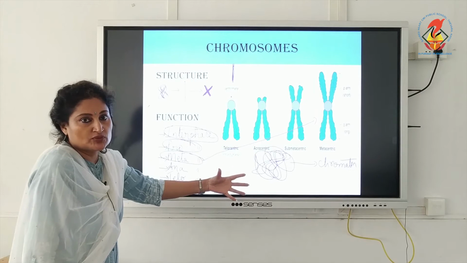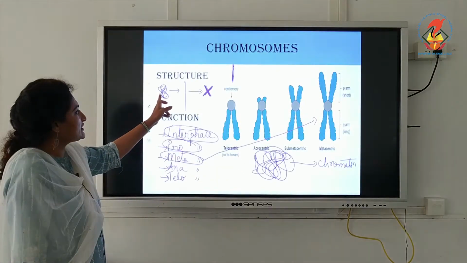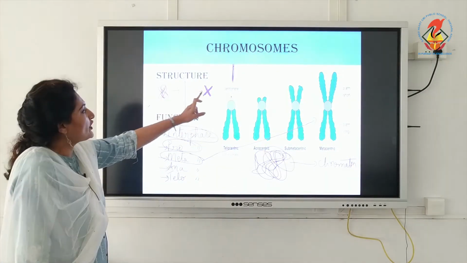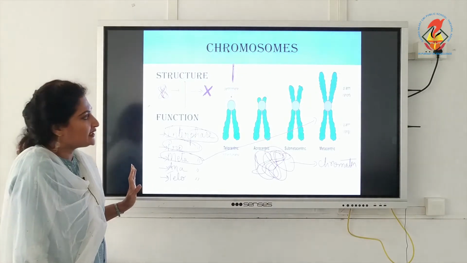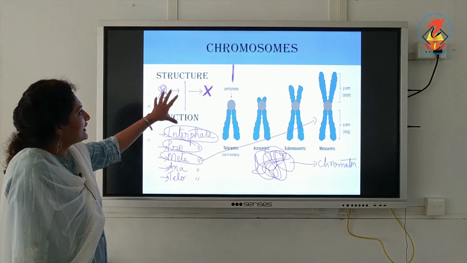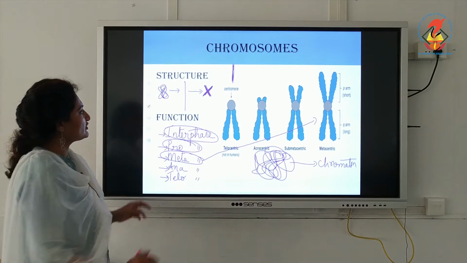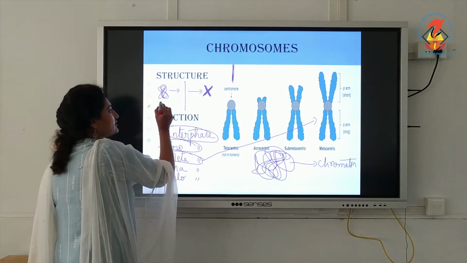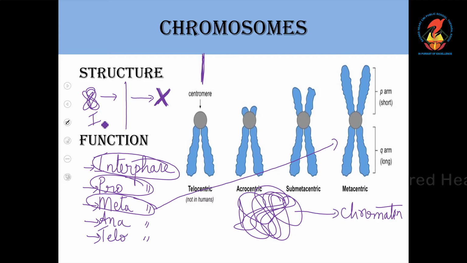When they talk about chromosomes, they usually give either the interphase or the metaphase stage. Clear? So now I am going to explain the structure of the chromosome with respect to the metaphase stage. This is interphase, this elongated rod-like structure is the prophase, and this X-shaped structure is indicating the metaphase.